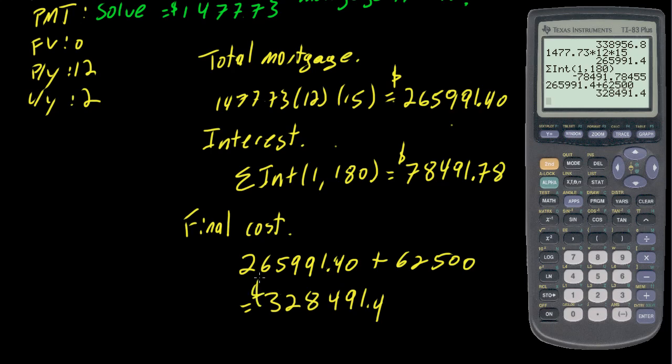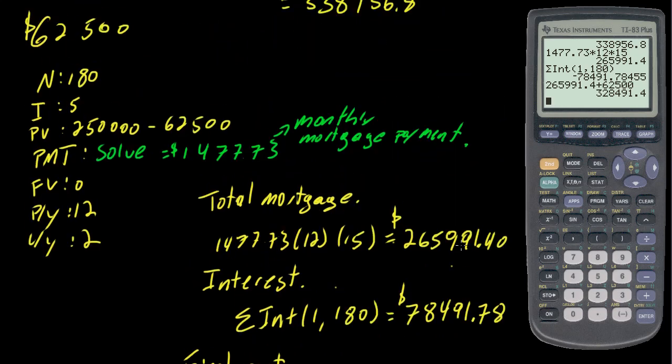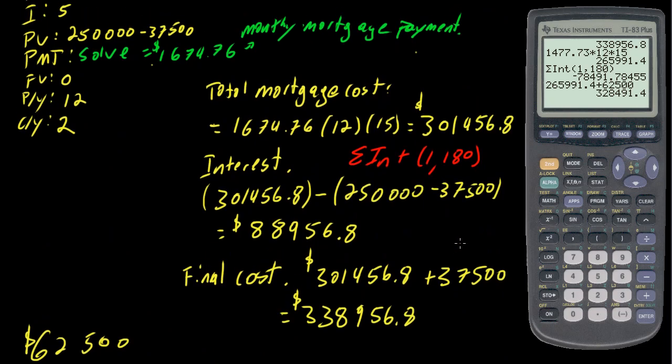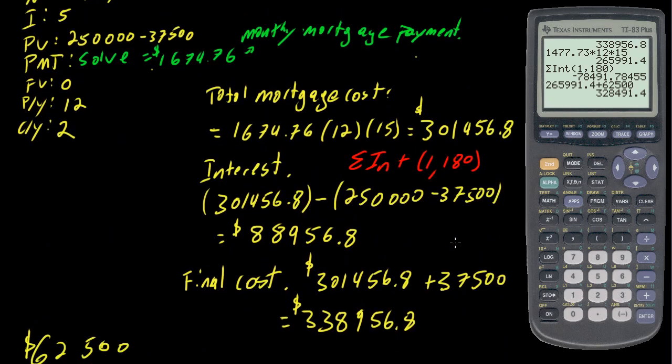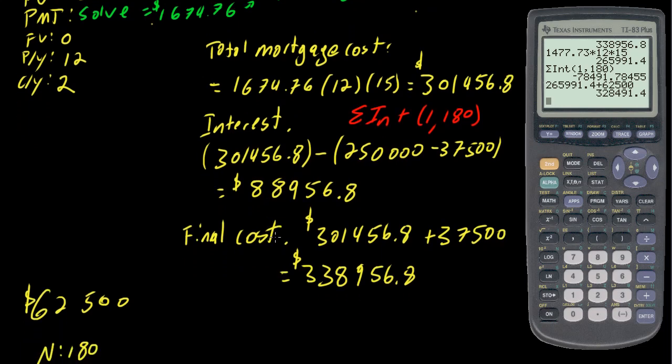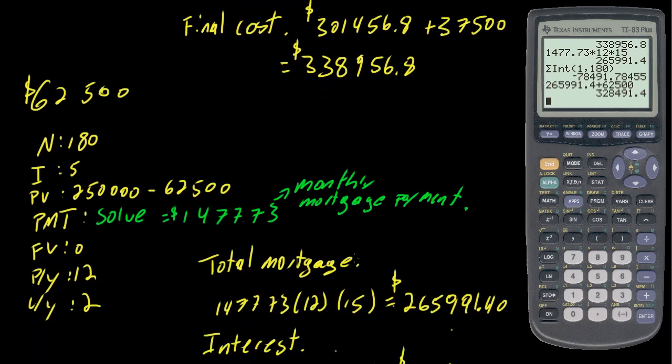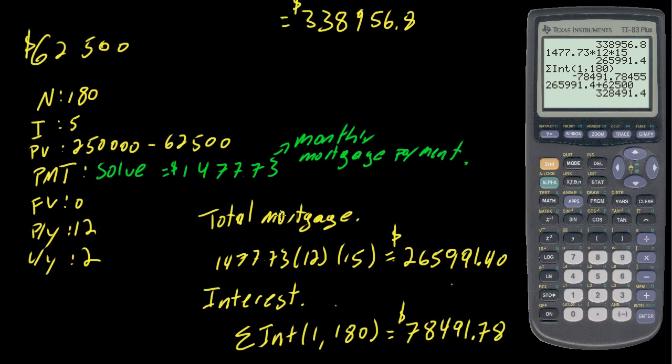All right, let's do our final comparison. So for our house before, where we put $37,500 in down payment, we were paying about $88,000 in interest, and our final cost, everything said and done, was about $338,000 for the home. When we heightened our down payment a significant amount, not doubling it, but close, we lowered our monthly mortgage payment by $200 per month.